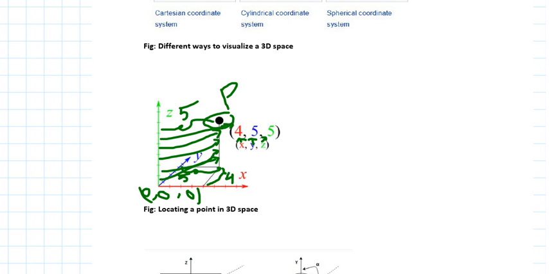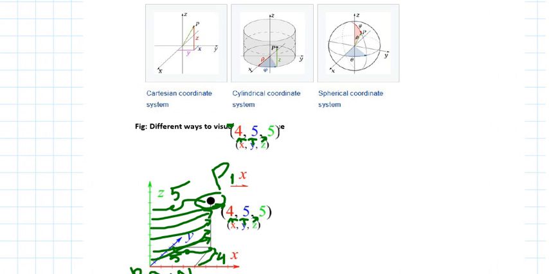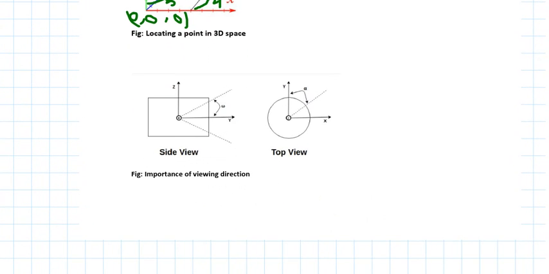Now let me move forward. So here is something which you must get hold of for a better understanding of transformation in three dimensions. View. When you talk about three dimensions, then view becomes an important thing. So this is the side view of a three-dimensional object.